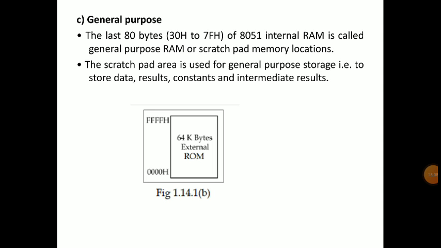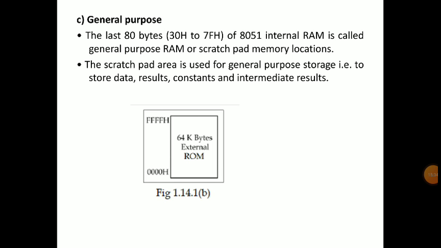The scratchpad area is used for general purpose storage, that is, to store data, results, constants and intermediate results. The range is 80 bytes, that is 30 to 7F.